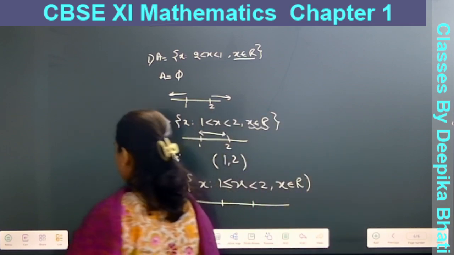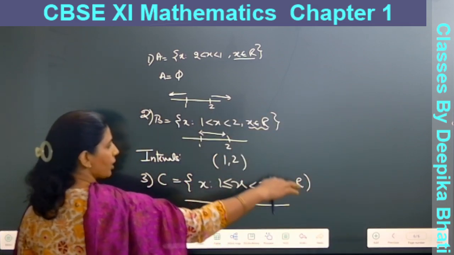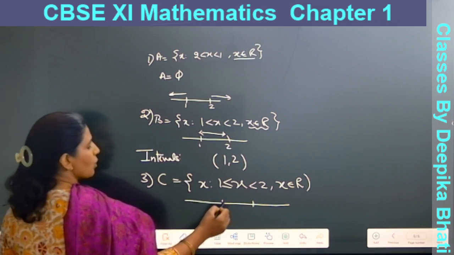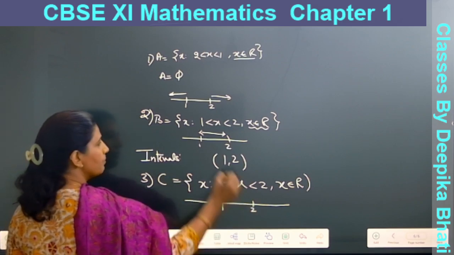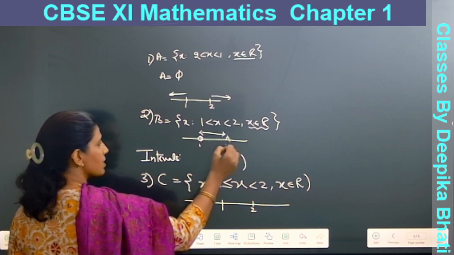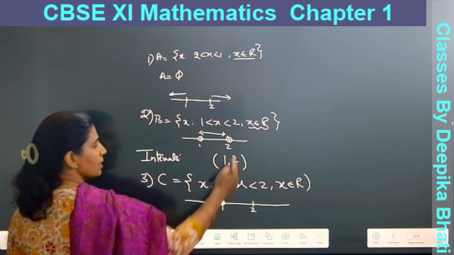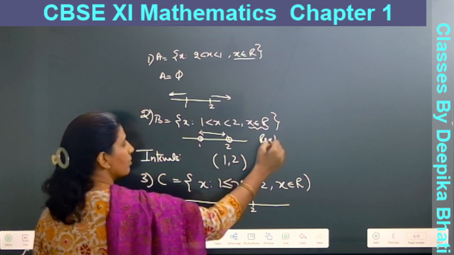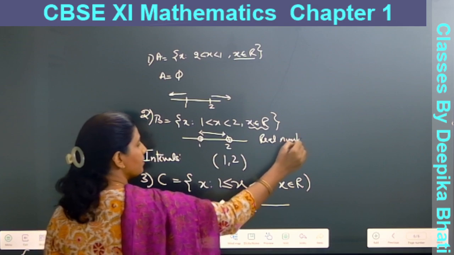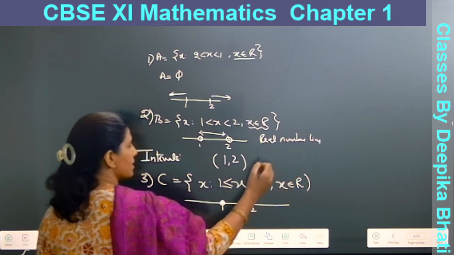That's why the concept of intervals comes when we are talking about real numbers. Here we are including 1. In the previous one we were not including 1 and 2, but here we are including 1. This is the real number line form, and this is the interval basically.